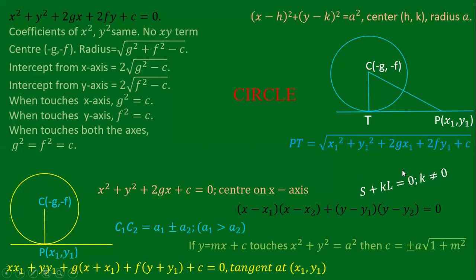Thereby this is also another circle which passes through the intersection point of the given circle and the given straight line.